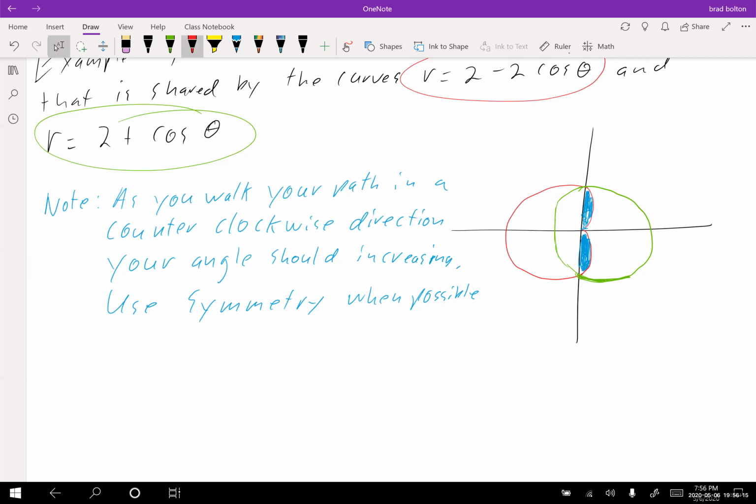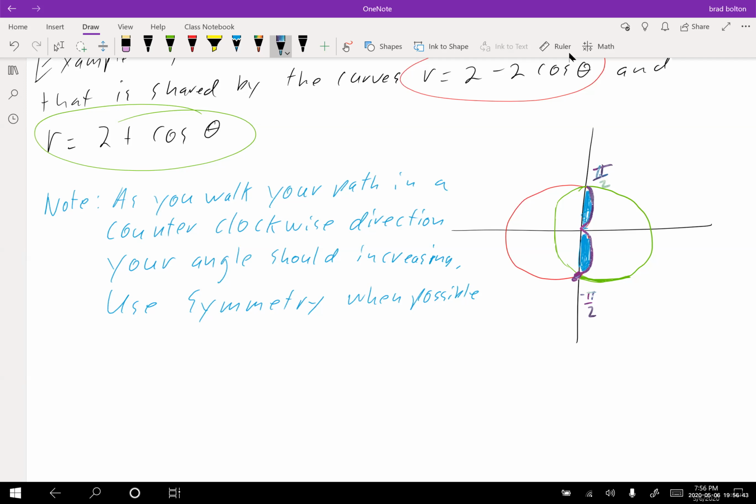But if I start, let's say, right here, and I walk along this path here, okay? So I could say that this is negative pi halves, right? And this is positive pi halves. So I'm going to show you guys how we could do this.